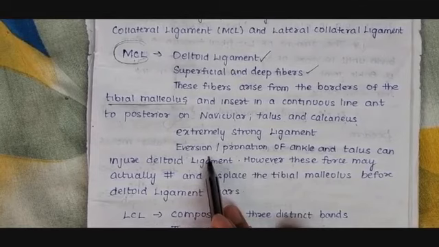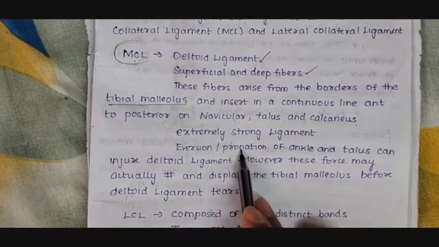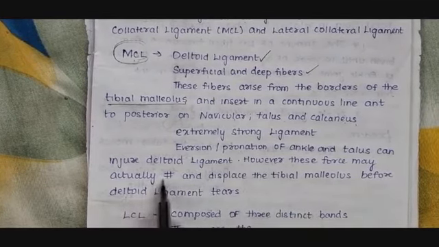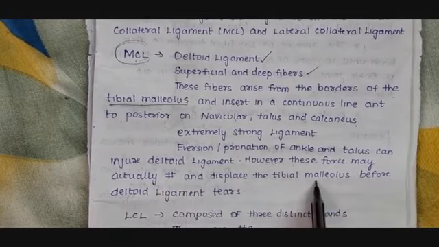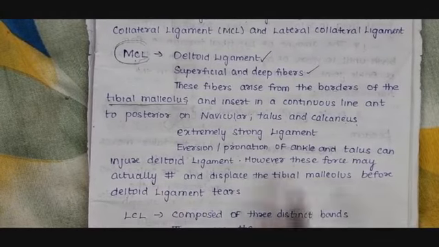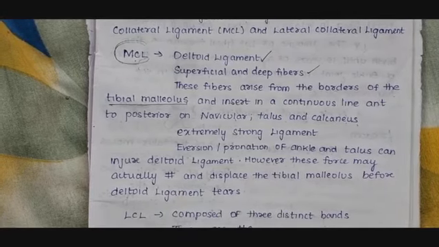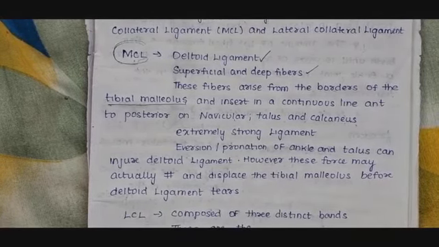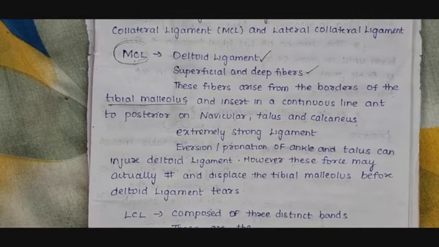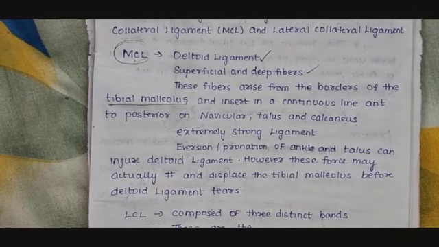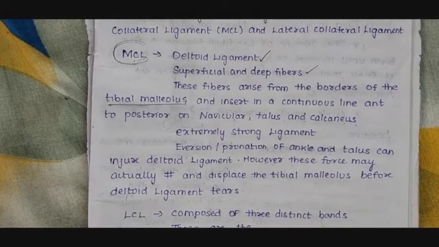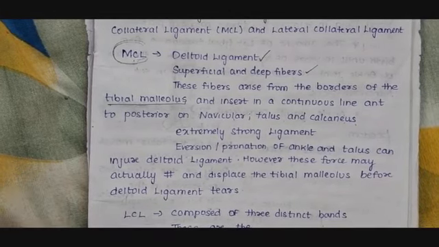So if there is excessive eversion and pronation, first there will be fracture and displacement of the tibial malleoli, and later this ligament tears. Since it is a very strong ligament, if eversion and pronation are very excessive, first the tibial malleoli fracture and displace, and only later does the deltoid ligament tear. So the medial collateral ligament is the strongest ligament to that extent.